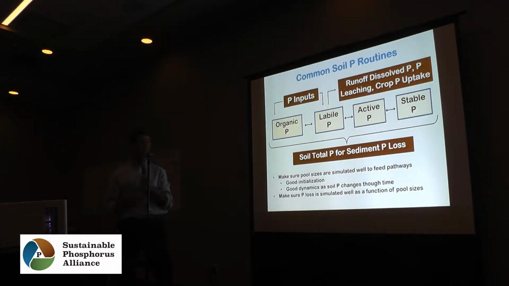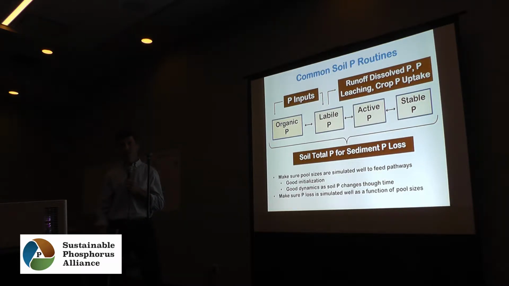So generally, this is what the phosphorus in the models like SWAT, APEX, EPIC, CREAMS, GLEAMS, there's others that are out there. A lot of them use the same approach. So basically what you have is 3 inorganic pools, and then you have organic phosphorus too.